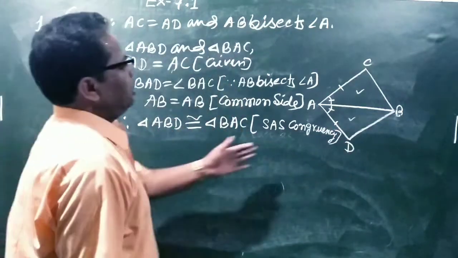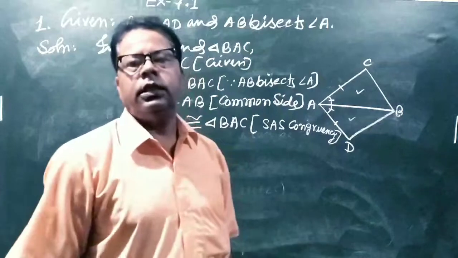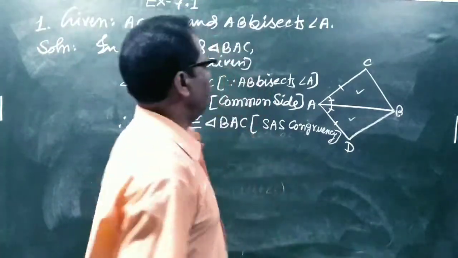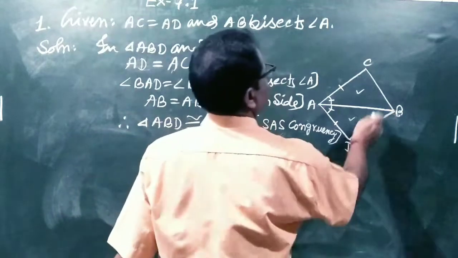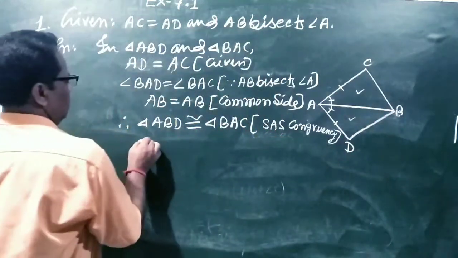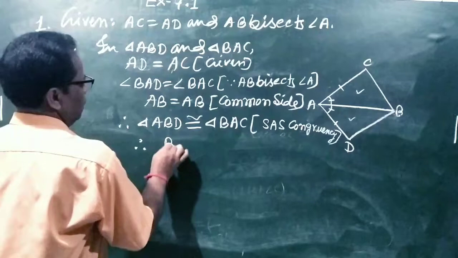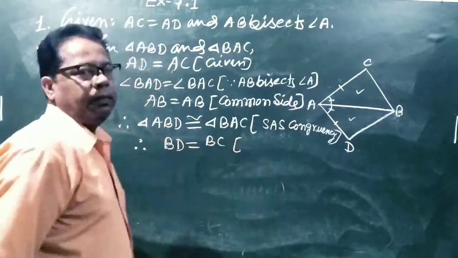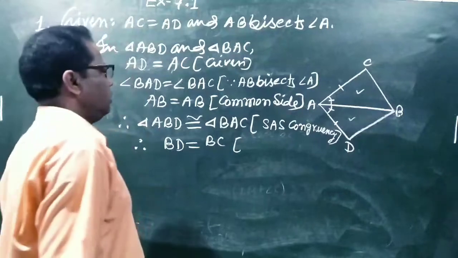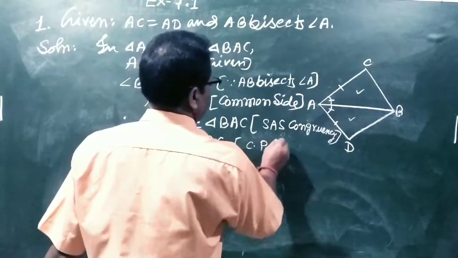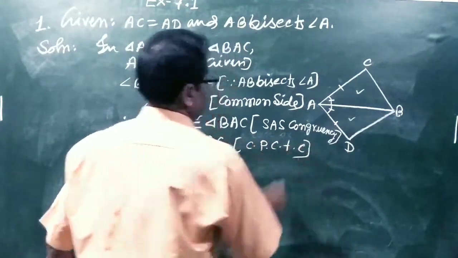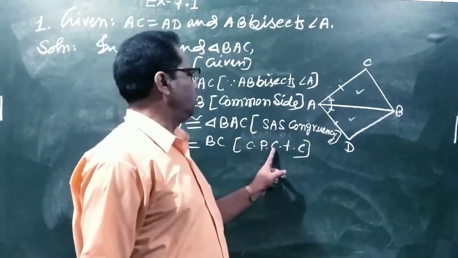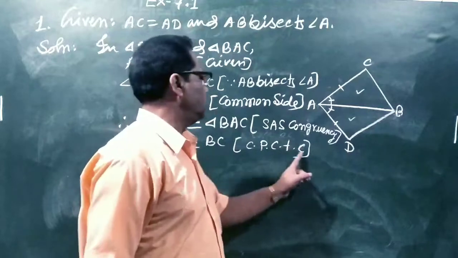Now, if these two triangles are congruent, then what will happen? The other parts will also be equal. Therefore, BD is equal to AC, the other two sides will also be equal. This is called corresponding parts: if two triangles are congruent, corresponding parts are also equal. The full form is corresponding parts of congruent triangles are congruent.